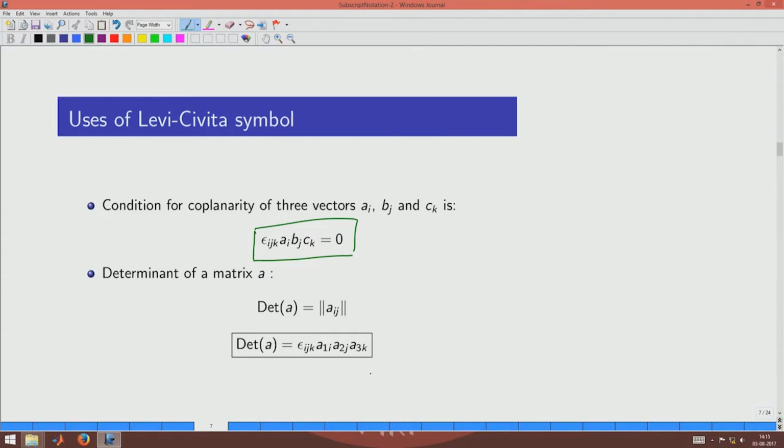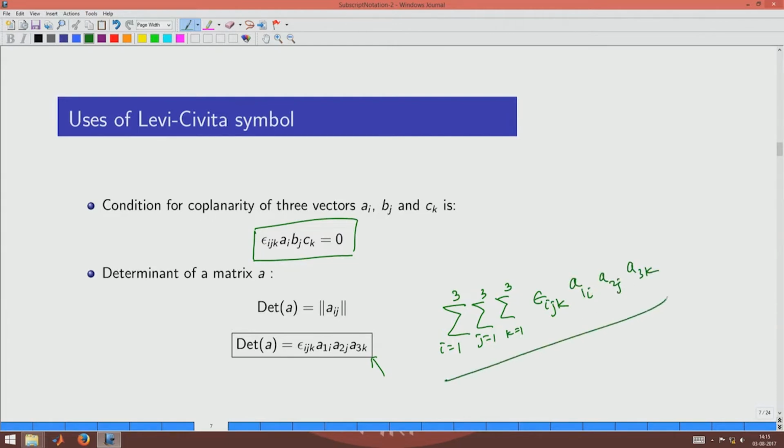Another interesting quantity that we came across earlier is this quantity. When you expand it, you basically have 9 terms, because this is nothing but, I is equal to 1, 2, 3, j is equal to 1, 2, 3, k is equal to 1, 2, 3, and then epsilon I, j, k, a 1 I, a 2 j, a 3 k.